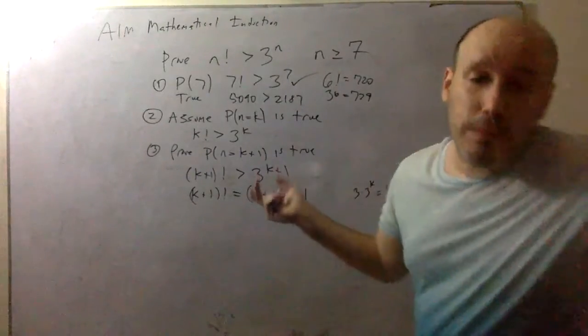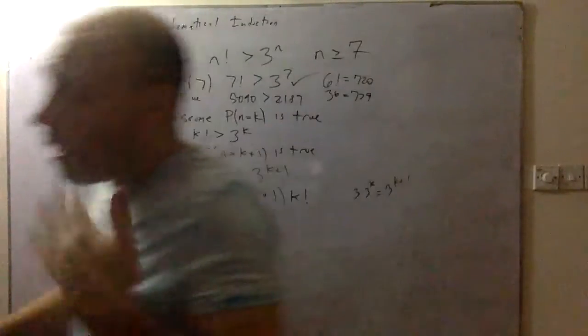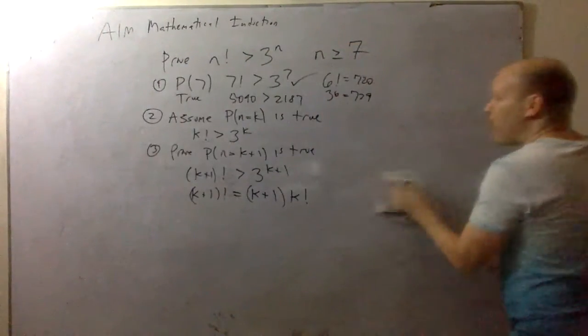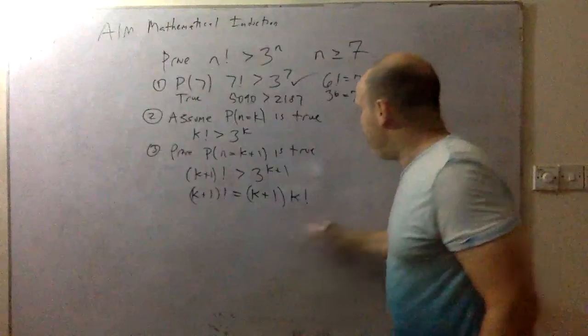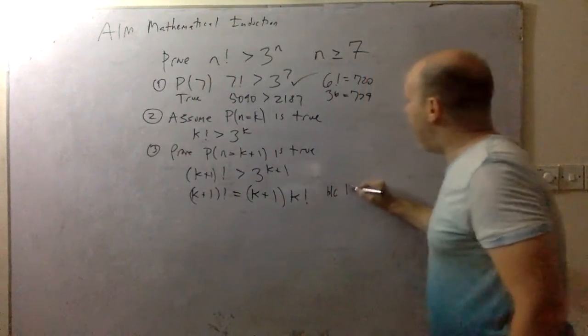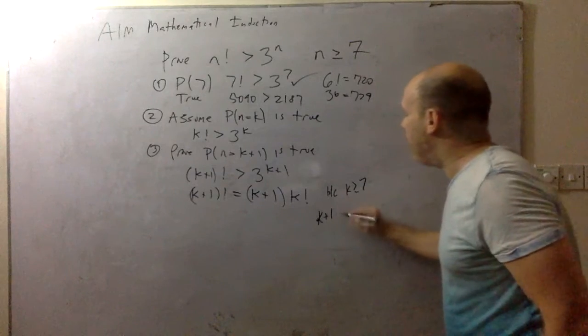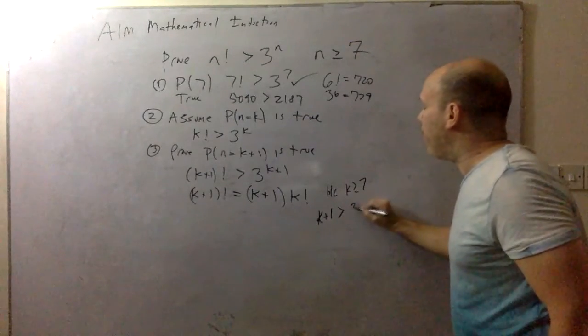Well, here's the logic that you have to think about. Because k is greater than or equal to 7, k plus 1 is greater than 3.